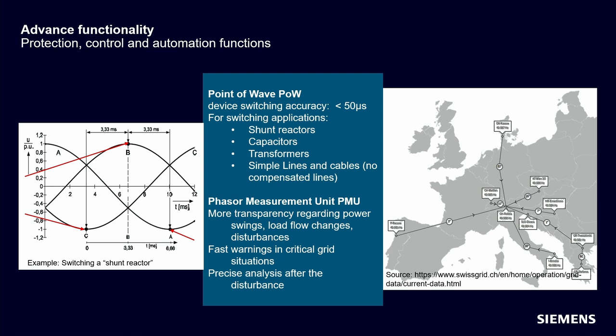And you can add also functionality that is available for the SIPROTEC 5 platform. I already mentioned the automatic voltage control, but you can include, for example, other functionality such as the point on wave or the phasor measurement unit as well.